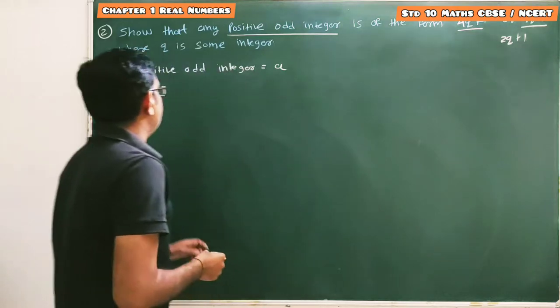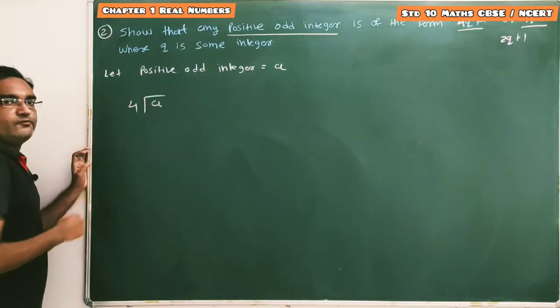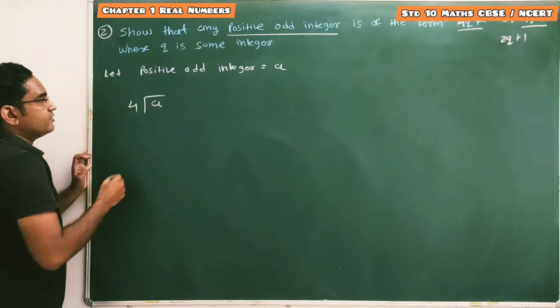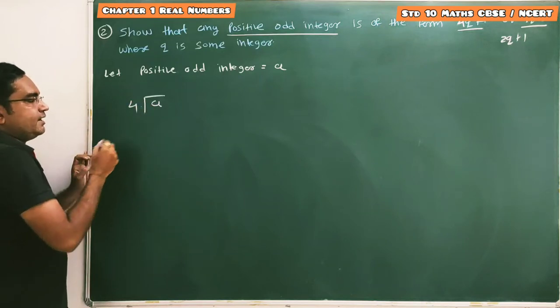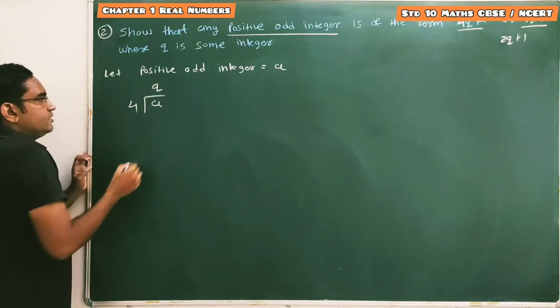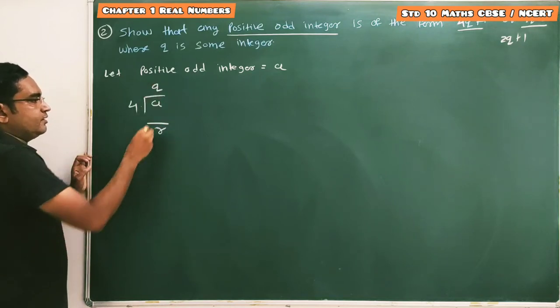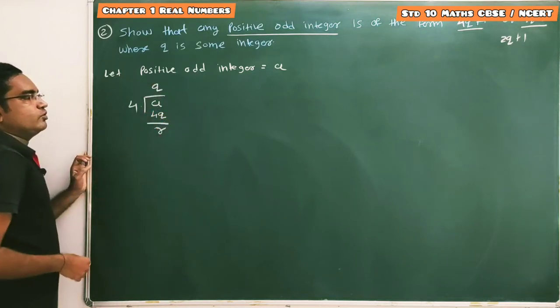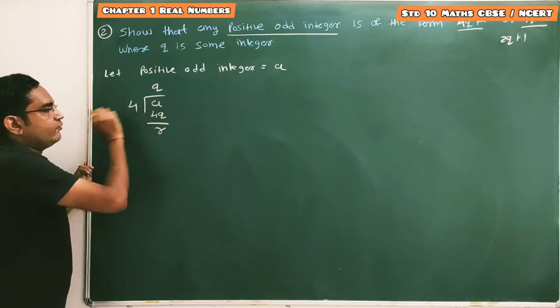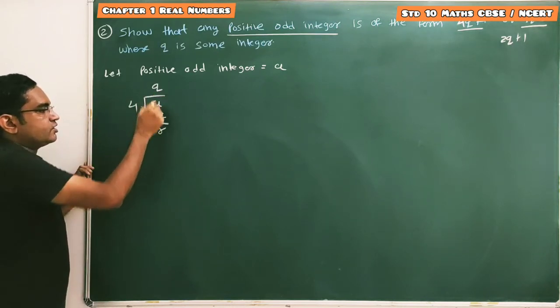So by using long division we are getting two integers q and r as quotient and remainder, a equal to 4q plus r.